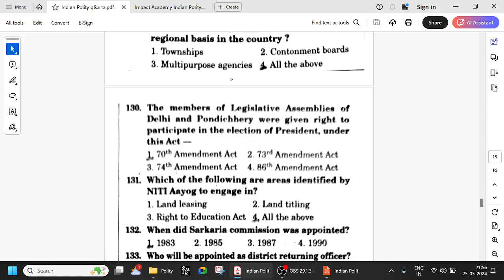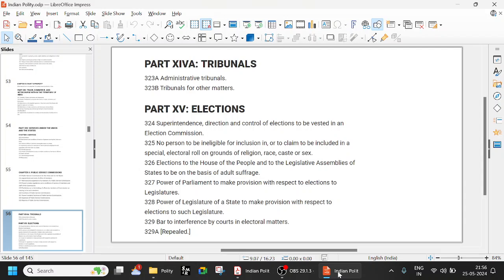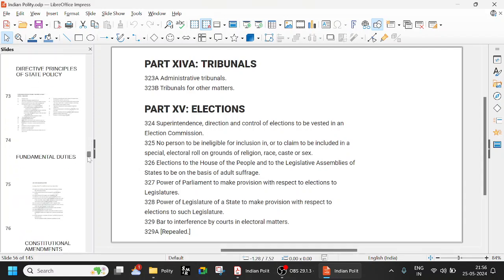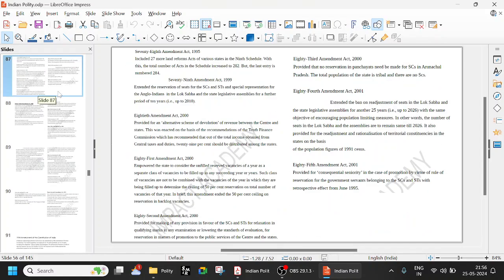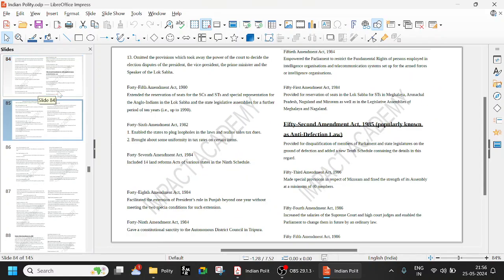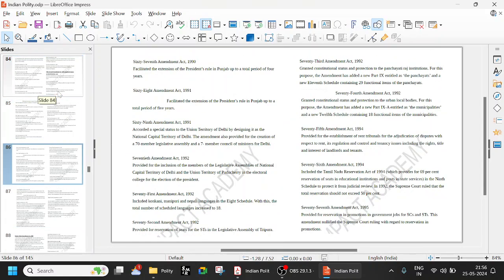73rd, 74th are also very, very important, right? Panchayats and municipalities, 73rd and 74th of 1992, they're also very important. They're some of the landmark amendments. In mains also, questions are frequently asked. The 73rd granted constitutional status to Panchayati Raj institutions. 74th, both are 1992.